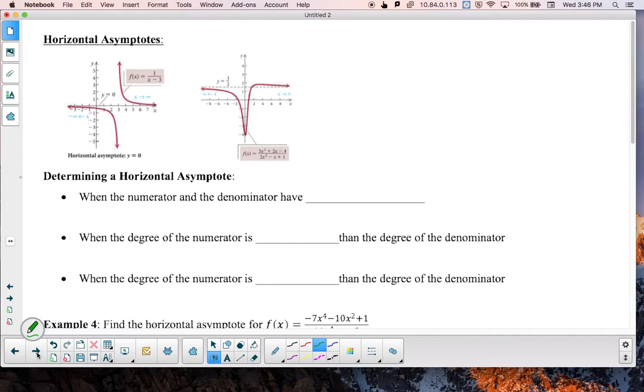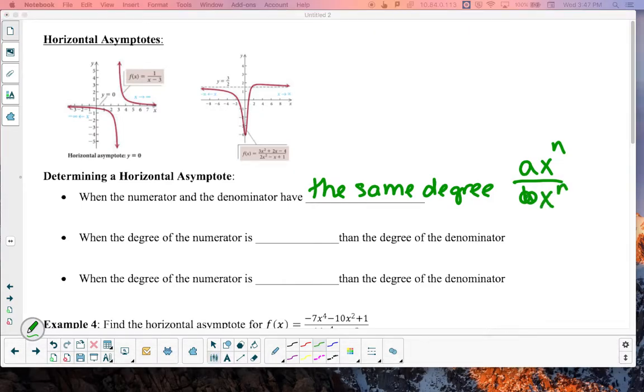So when the numerator and denominator have the same degree, so this would be like if we had a of x to the n over b of x to the n, so it's the same number, then our horizontal asymptote is going to be y equals a over b. So we just take those coefficients of our leading terms and put them over each other, and it's going to be y equals a over b. Again, this is when we have the same degree.